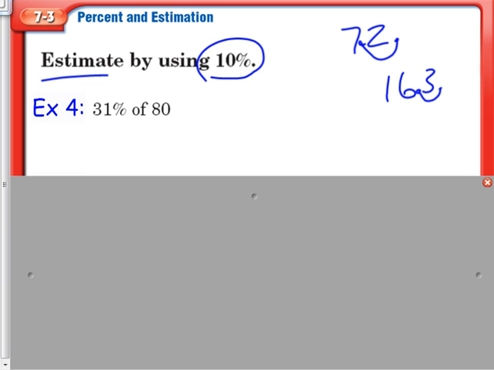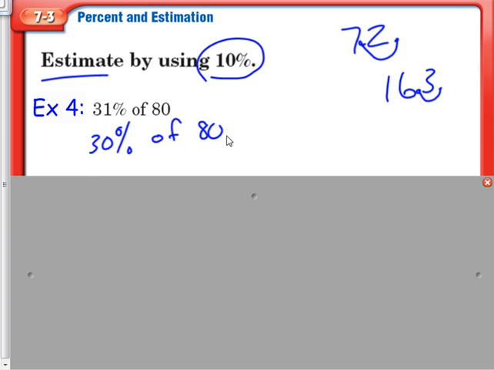So it's pretty easy to find 10% of a number, and then if you find a multiple of 10%, you just multiply it by whatever that is. So you're going to want to round all your percents to 10, 20, 30, 40, 50, 60, 70, 80, or 90%. And so if you're going to find 30%, like in this first problem, I'm going to find 30% of 80.